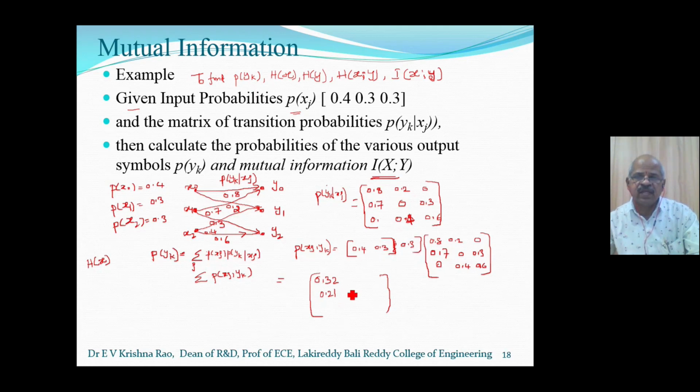And 0 into 0.3, P(y0 at x2) into P(x2), is 0.